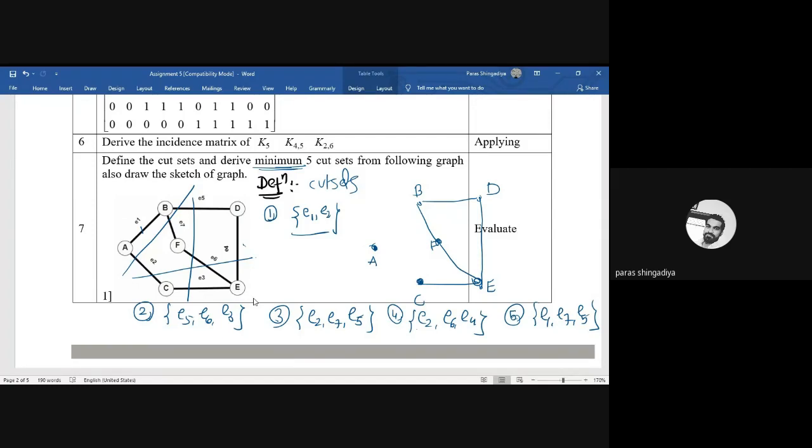Here E1, E7, E5 disconnect B. Okay, that is E1, E7, E5.